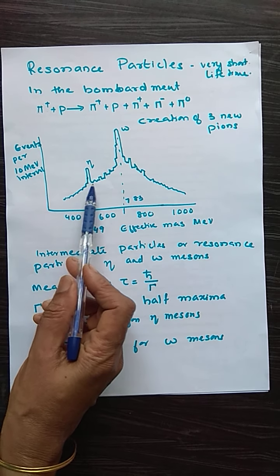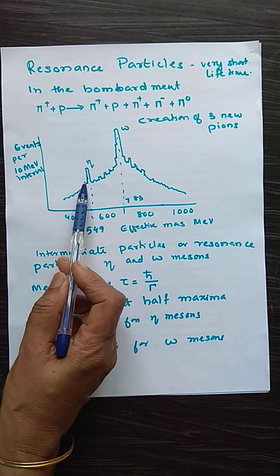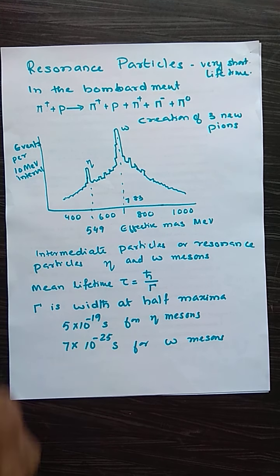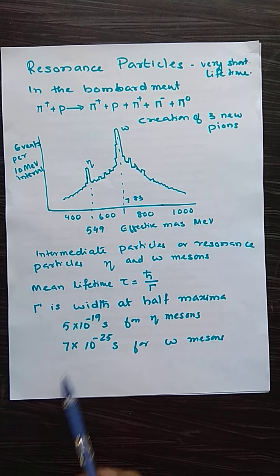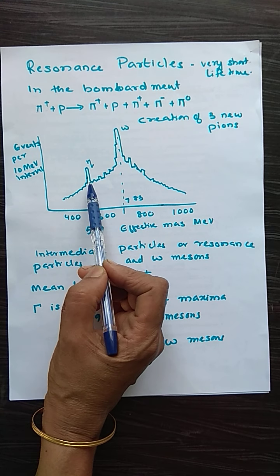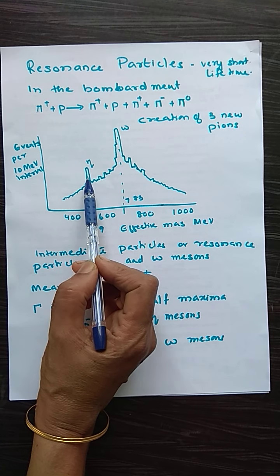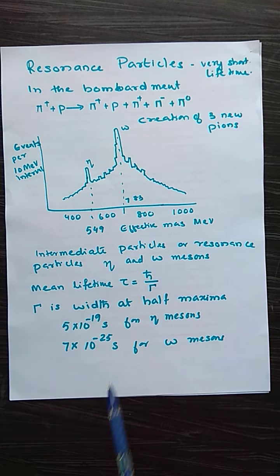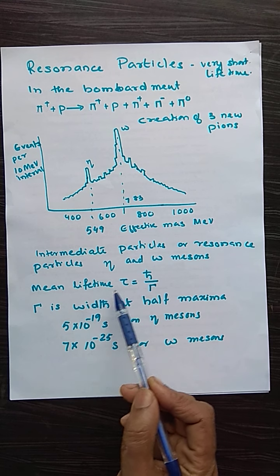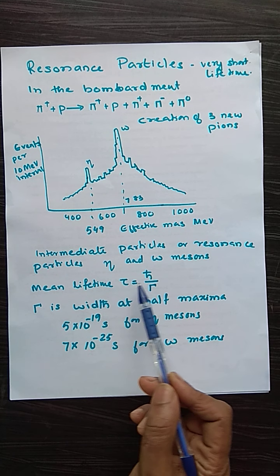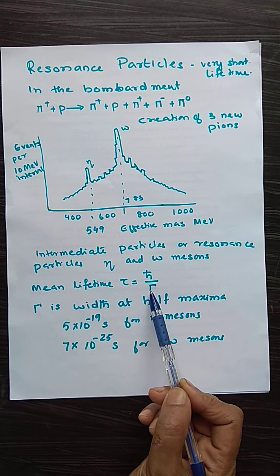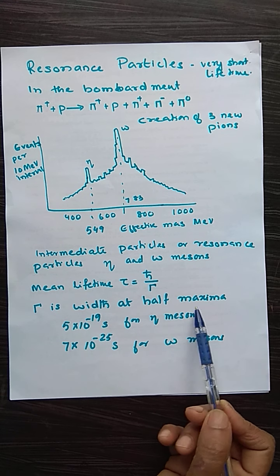From this energy, you can find out the lifetime of those particles. This is a peak. You can find out the width at half maxima. At half maxima, you can find out the width. From that width, you can find the mean lifetime tau equal to h cross by gamma, where gamma is the width at half maxima.